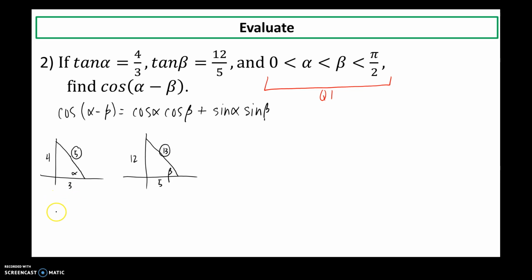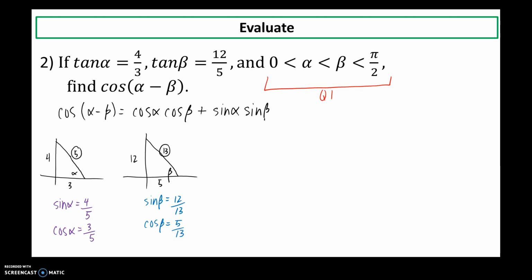Okay, so I have here that the sine of alpha, opposite side over hypotenuse, and the cosine of alpha, adjacent side over hypotenuse. And then in my other triangle with beta, I have that the sine of beta is 12/13, and the cosine of beta is 5/13.